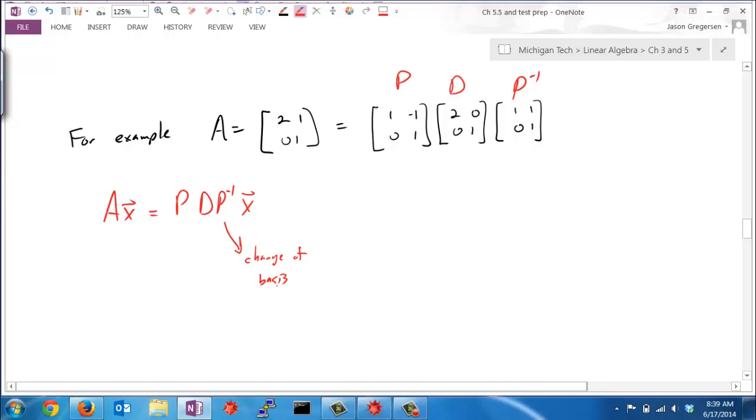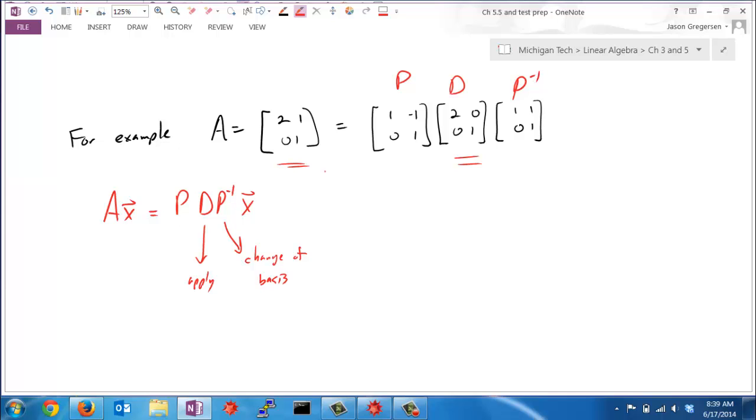We're using a new basis. And then D essentially applies our transformation. It's a lot easier to apply this transformation than it is this transformation. Now this one's actually a pretty simple example. I can kind of see what this one is actually doing. But it's very easy to see what this one is doing, regardless of how complicated A is. This says we're doubling, we're stretching in the x direction, and we're keeping the y direction the same.